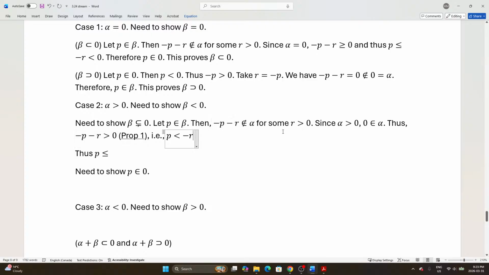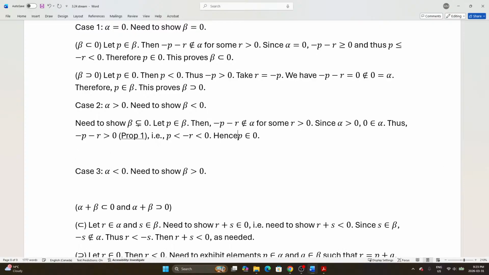But minus r is negative, so p is less than 0, hence p is in the cut 0. All right, that's done. So we have p is in 0. This proves the containment part.